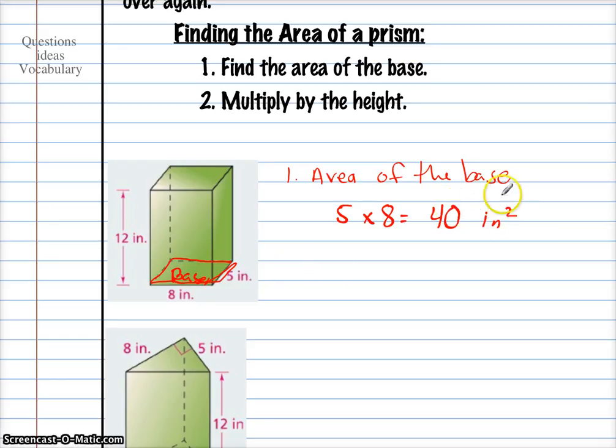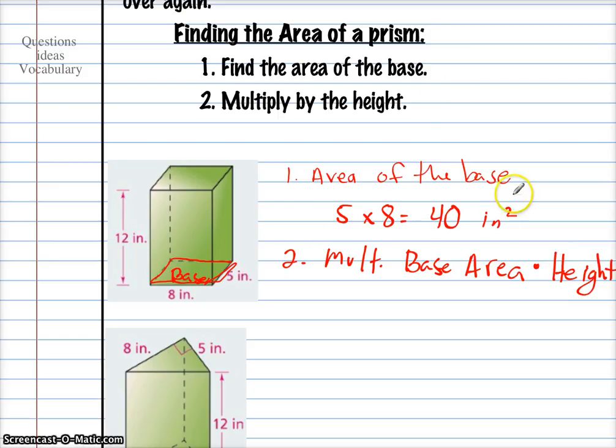Okay, that's my base. Now the second thing I need to do is multiply it by the height. Second thing is multiply by height. Multiply the base area times height.